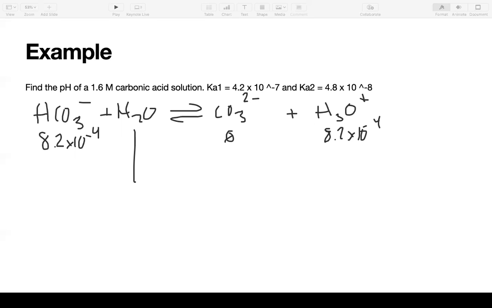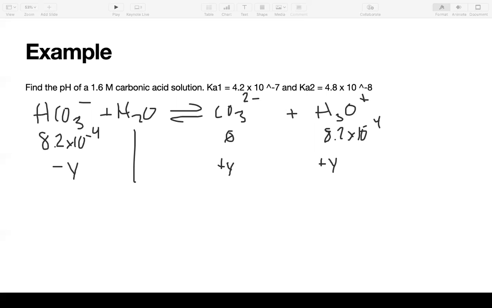So we'll just do another ice table. Like I said, basically just 2 ice tables. So we could do minus x, or in this case, it'd be easier to do minus y, so that we don't get confused with x from the previous math. So minus y, plus y, and plus y.